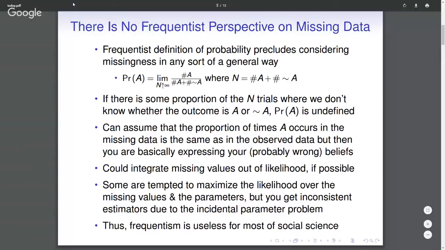But there were decades and decades in which that was about the only thing that you could do: do some frequentist estimator and just kind of pretend that there's no missing data, pretend that there's no measurement error on the predictors, and you get numbers.